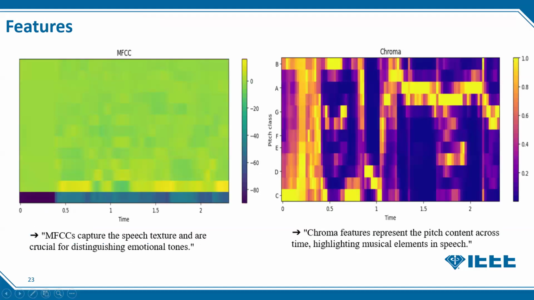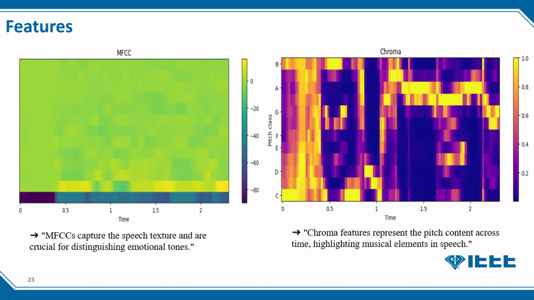And here I have shown some examples of the features. This is the representation of the features in 2D. The first one is the Mel frequency cepstral coefficients, which capture the speech texture and are crucial for distinguishing emotional tones.